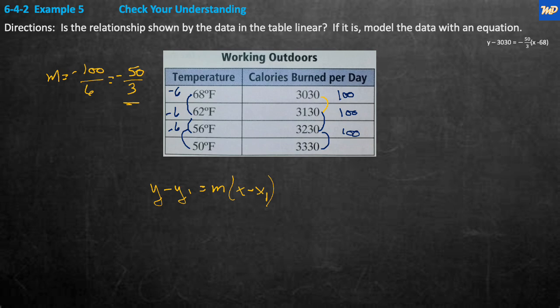Do our substituting. y minus, the y value is 100, equals m, which is negative 50 thirds, times x minus, and in our case, it's 68. There's our equation: y minus 100 equals negative 50 thirds times x minus 68.